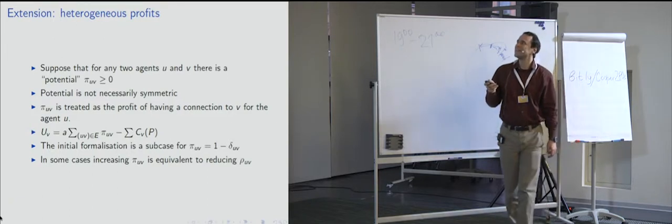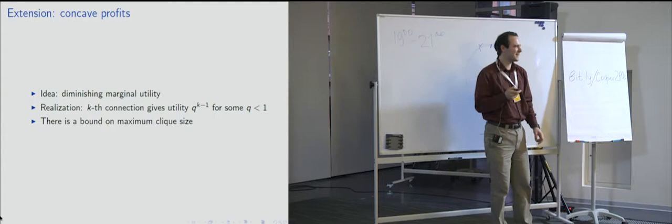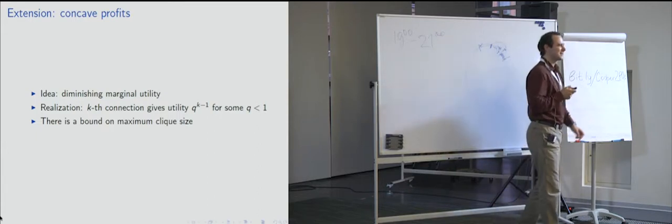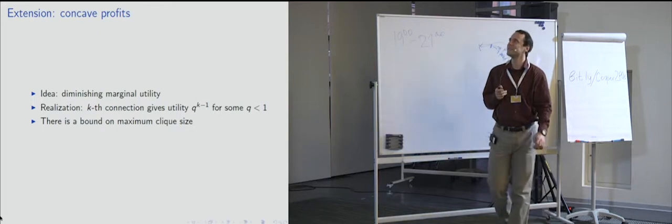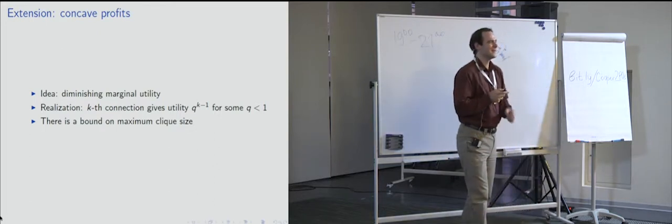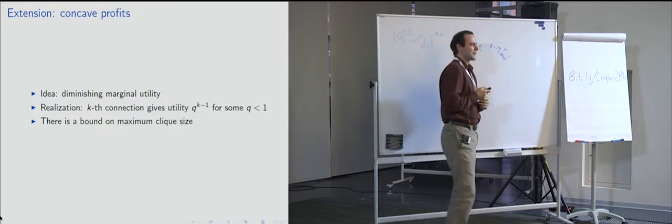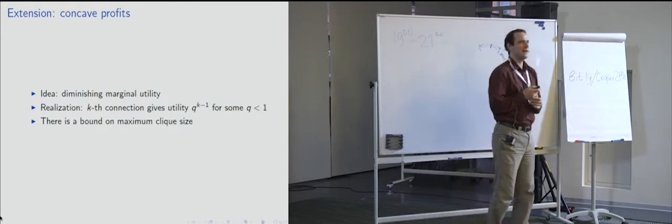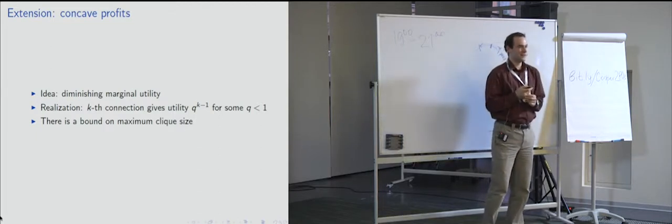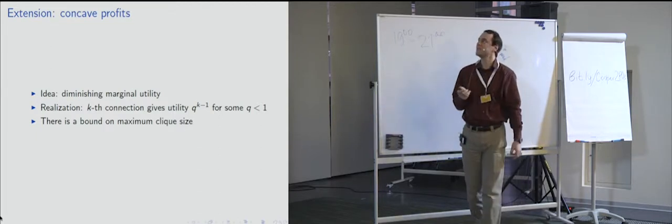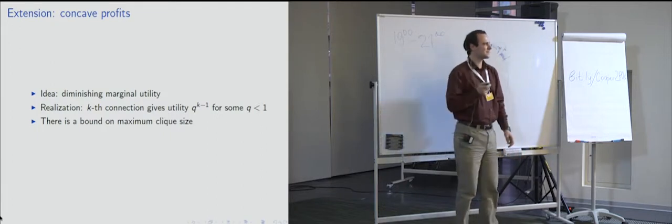Well, another idea that we started to analyze two weeks ago is the idea of concave profits, of diminishing marginal utility. Specifically, every next connection brings less utility to the agent, and we use just a geometric progression.